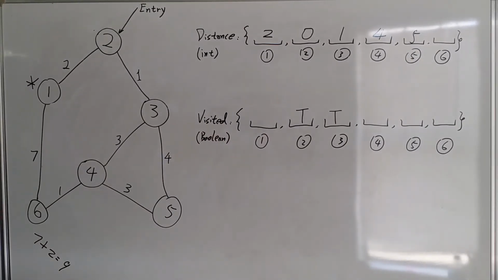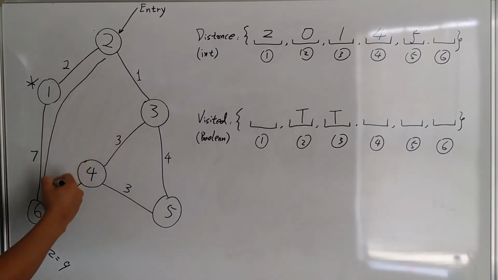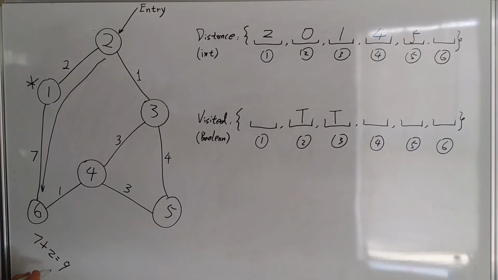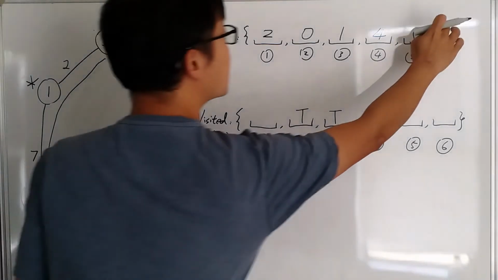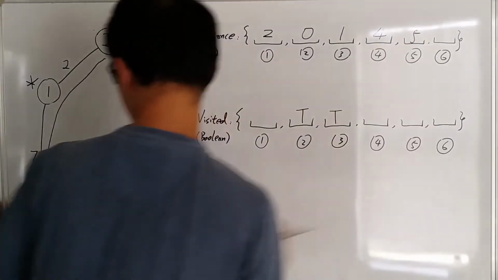So we can calculate if we travel in this way, the distance is 9. But are we going to put the 9 at this? Yes, because here is empty. We have to put the information here.